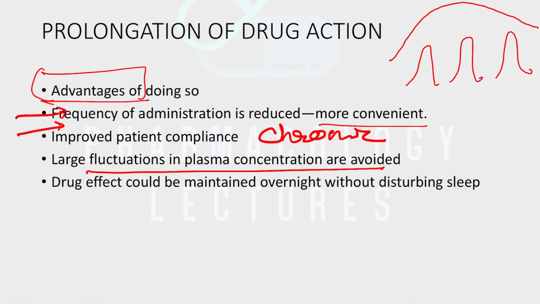Drug effect could also be maintained overnight without disturbing sleep. For example, with long acting insulins, it would be helpful for patients to maintain their glucose level over the night, and the patient doesn't need to wake up and take the drug.